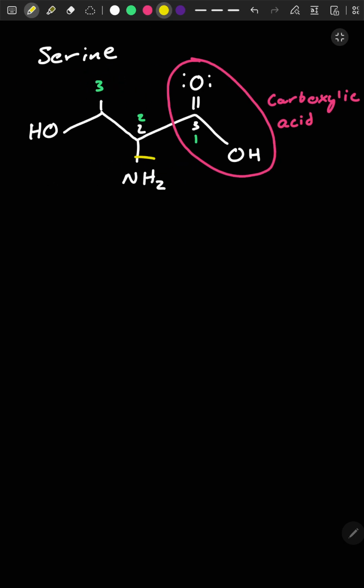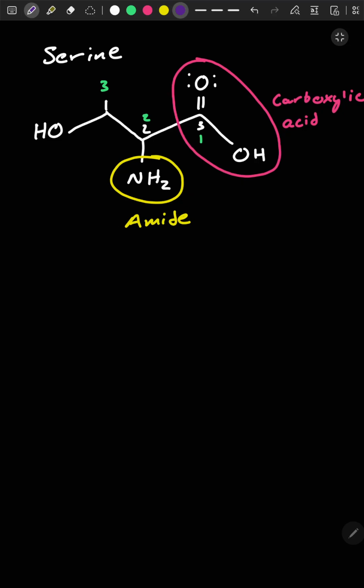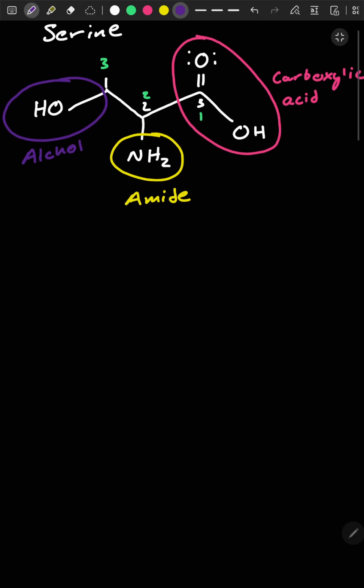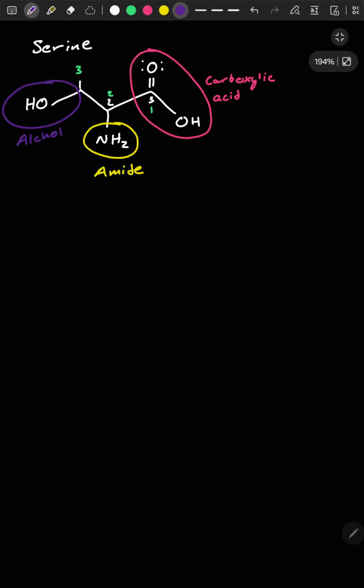I see another one right here, which I know is an amide. And I see another one right over here, which I know is an alcohol. So let's try and name this entire molecule real quick.